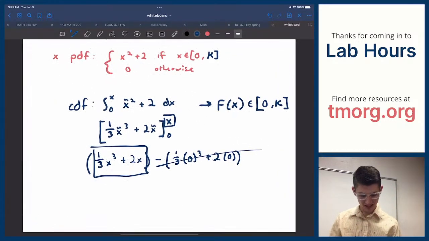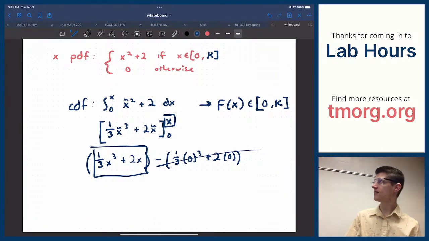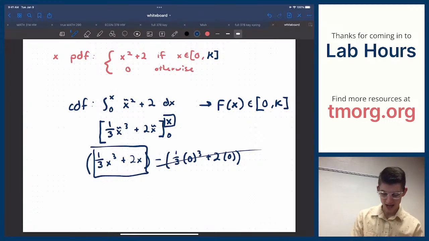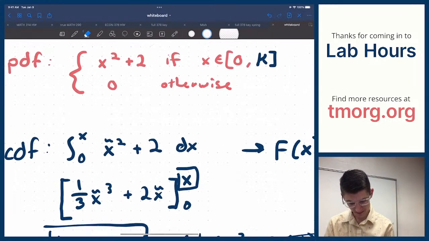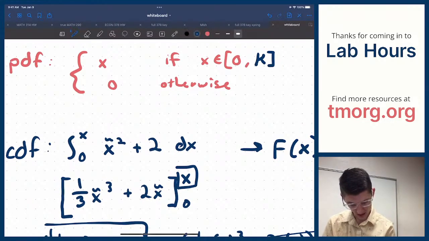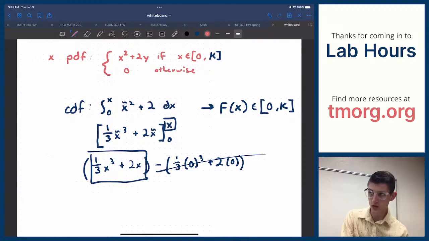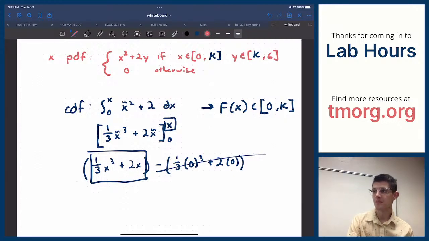Because again, this k thing is totally valid if you had two variables, right? If my function instead looked like x squared plus 2y, and maybe x is an element of 0 to k, and y is an element of k to 6 or something like that.